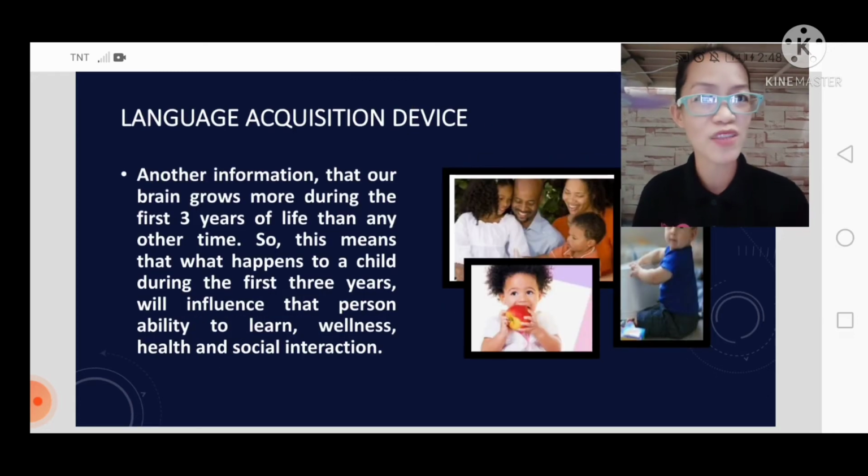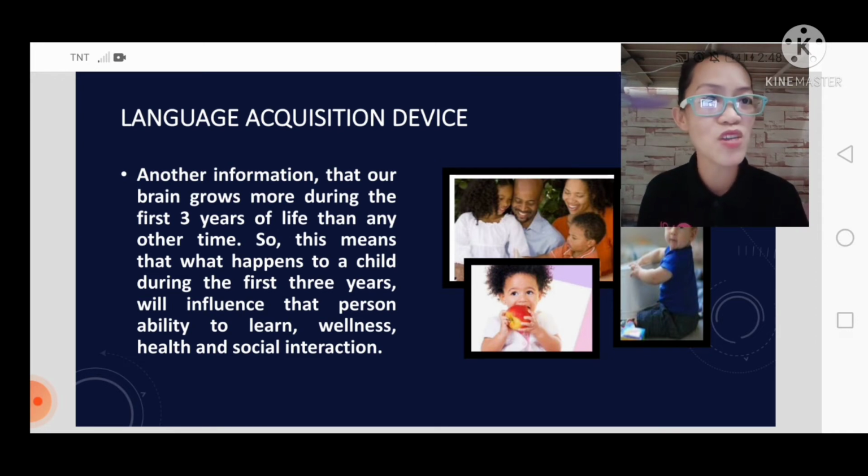Another piece of information is that our brain grows more during the first 3 years of life than at any other time. So this means that what happens to a child during the first 3 years will influence that person's ability to learn, wellness, health, and social interaction.